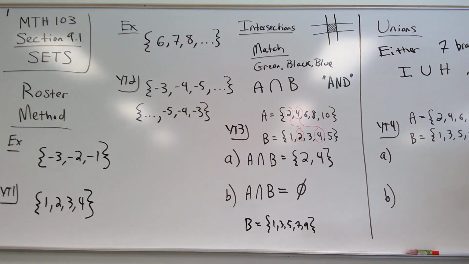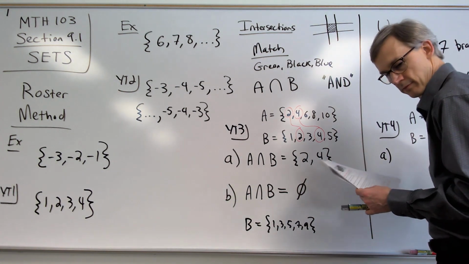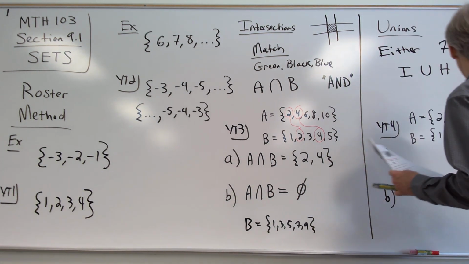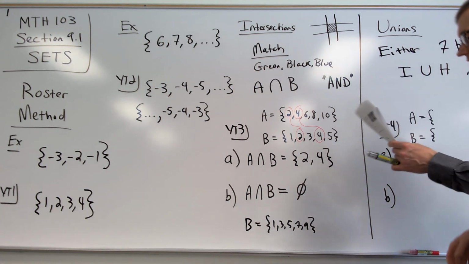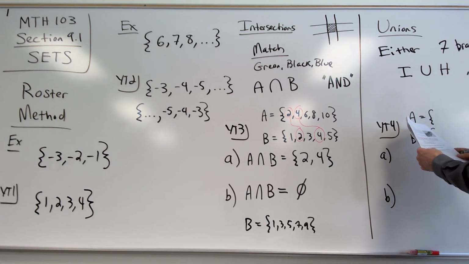It's either in Houghton or in Ironwood. It's either in set A or in set B. All right, let's apply this to your turn number 4. We're going to find the union between A and B, where A is 3, 4, 5, 6, and B is 2, 3, 4, 5.